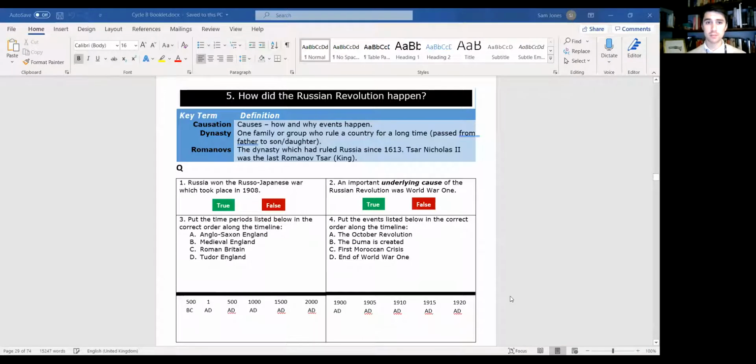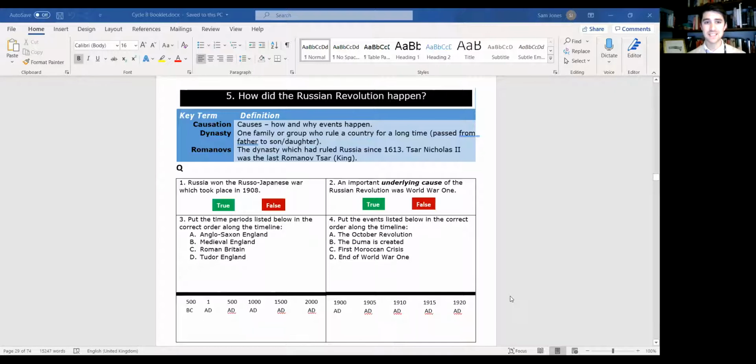The lesson, as I was saying, is lesson 5. I'm going to show it to you on the screen now. This is the lesson that you should be doing in your workbook. How did the Russian Revolution happen? You're going to start like we always do by reading the keywords and the definitions at the top of the page.